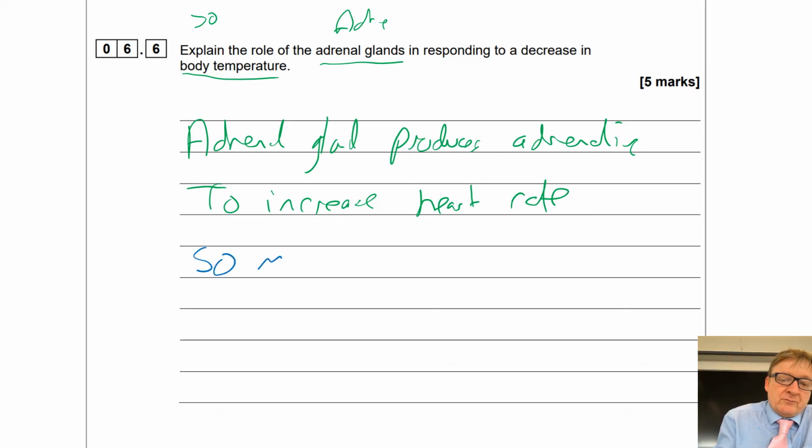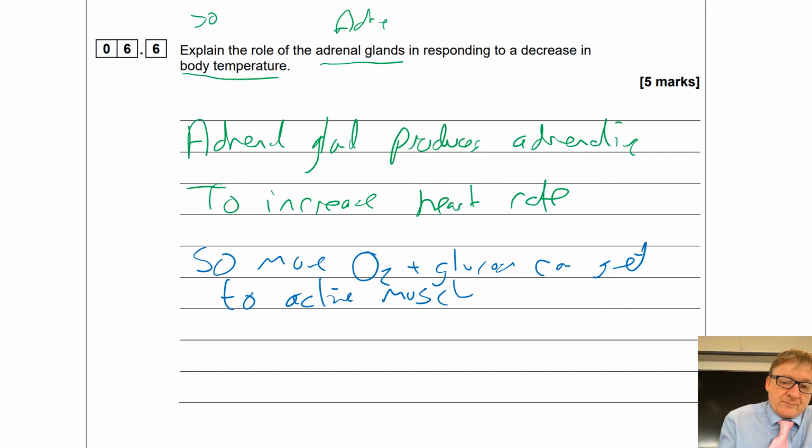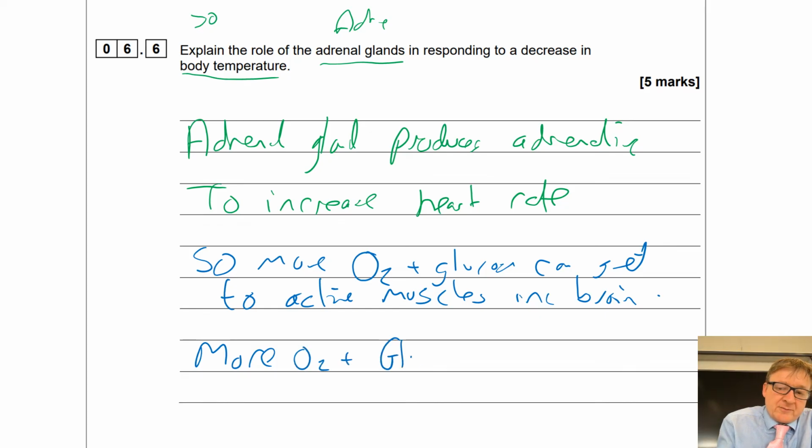So more oxygen and glucose can get to active muscles, including the brain, so that more O2 plus glucose can be used in respiration to release energy.